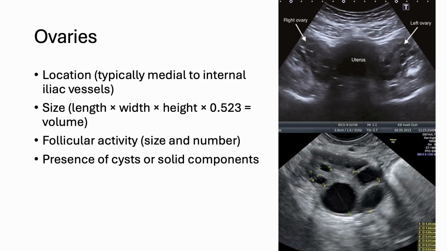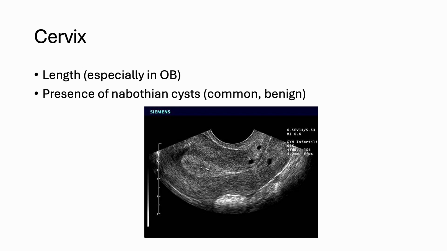When we're looking at the ovaries, looking at the location, typically medial to the internal iliac vessels, we want to measure the size, the height, width, length, and volume. And then the follicular activity, what size are the follicles, how many of them are there, are there cysts, are there solid components in the cyst, if there is a cyst.